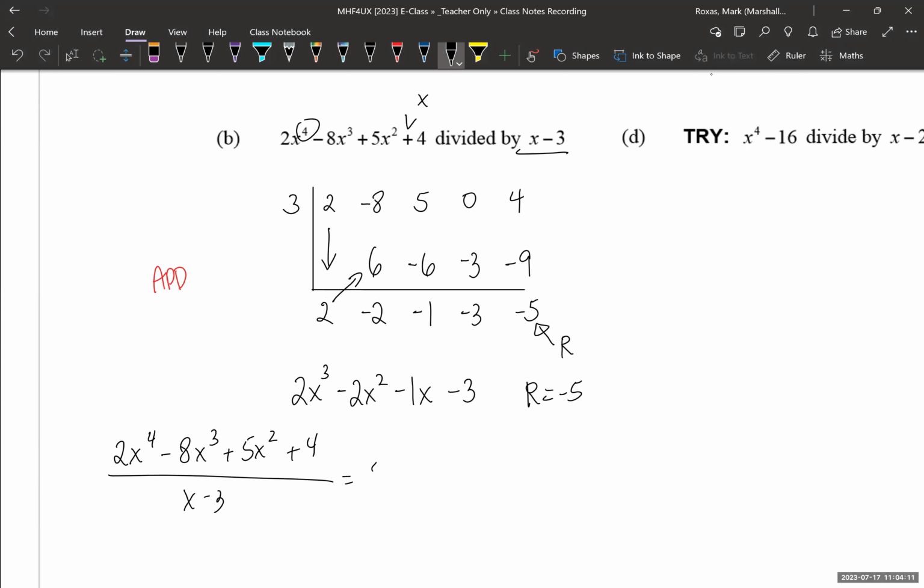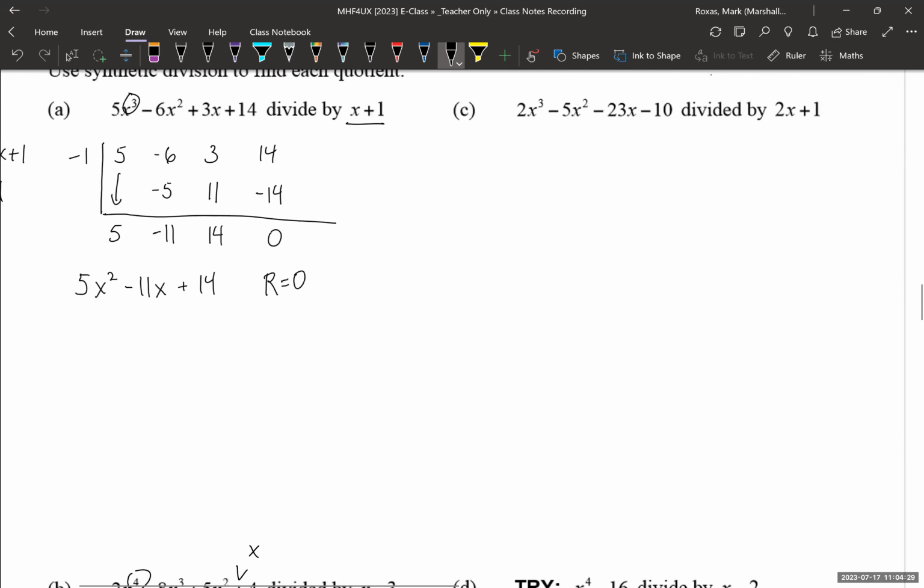And so the quotient is 2x cubed minus 2x squared minus 1x minus 3 plus our remainder, or sorry, minus 5 over the divisor x minus 3. Okay, so that's what the proper form looks like. Next, we go to part C.